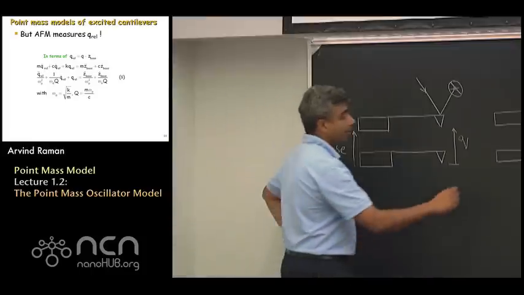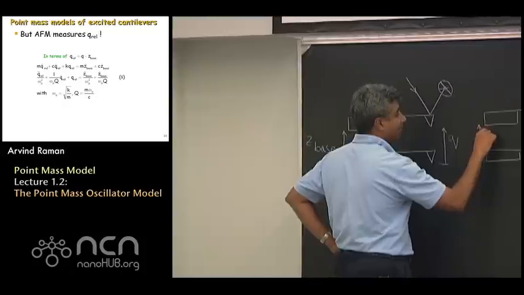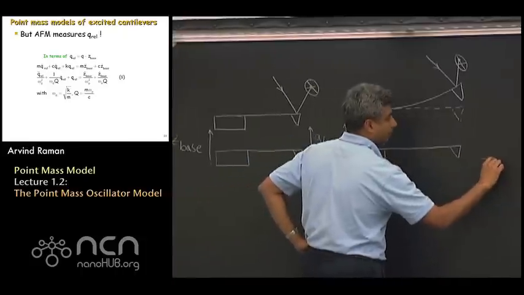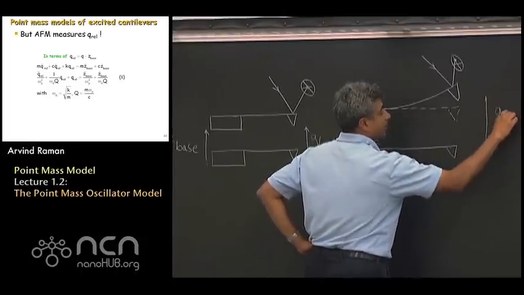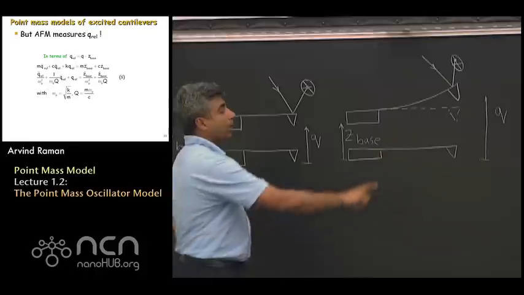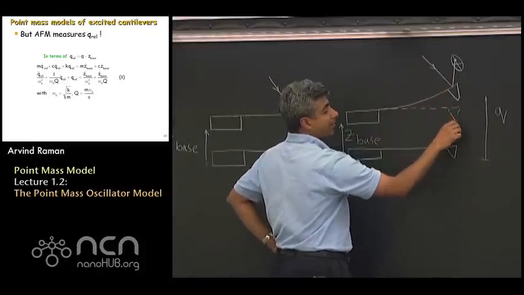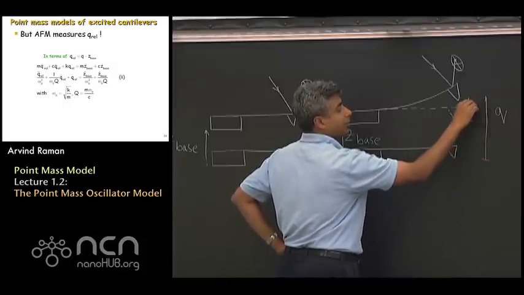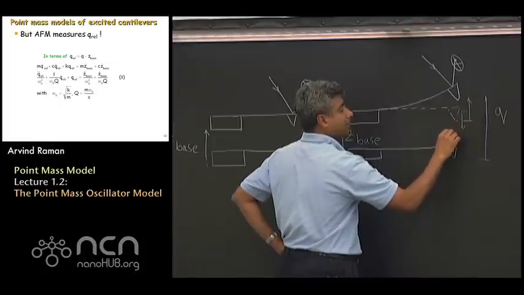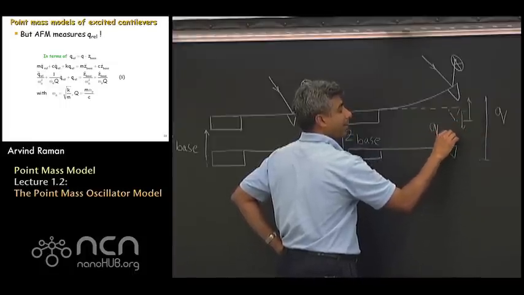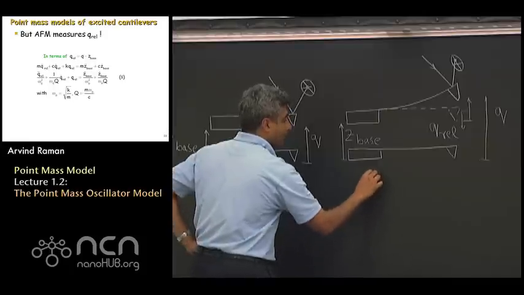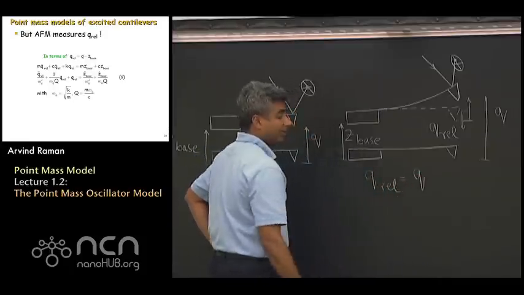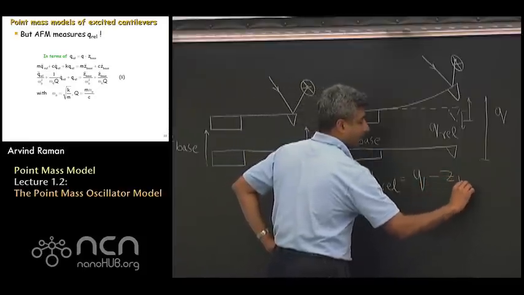On the other hand, if you do have a bending of the cantilever, and if this is Z base, and this is Q, the absolute motion of the tip, what the photodiode really measures in an AFM is not the absolute motion of the tip, Q, but rather just the portion that leads to bending, and that's going to be Q rel, where Q rel equals the absolute displacement of the tip minus Z base.